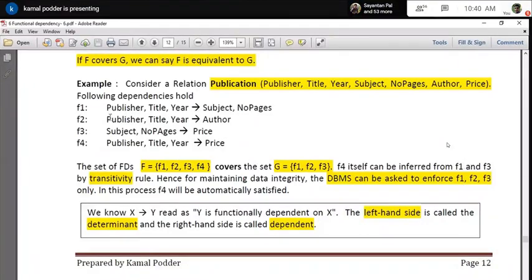What is F1? This is F1. What is F3? This is F3. This depends on this, and this depends on this, so price depends on this. So naturally I can say this is a redundant one, and I can discard it. Here there are only four, so by seeing, you can find it out.